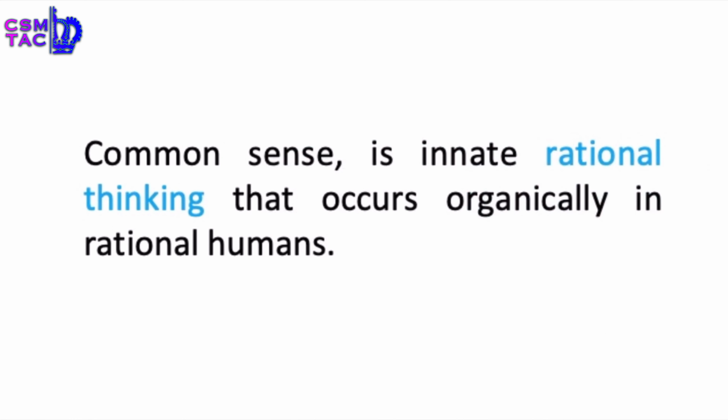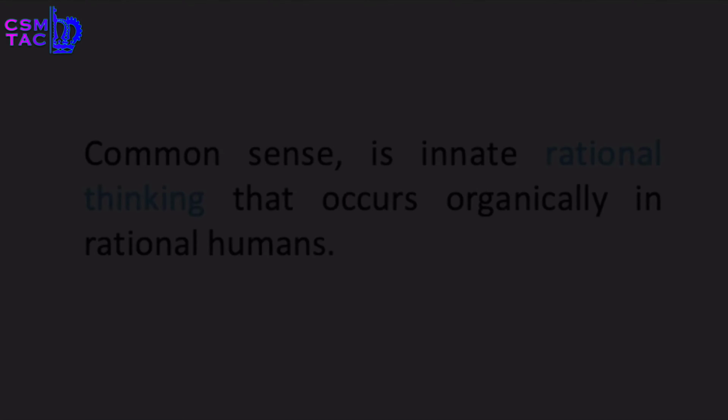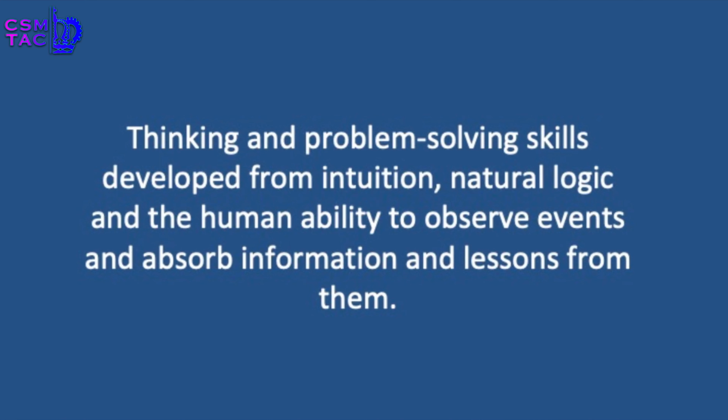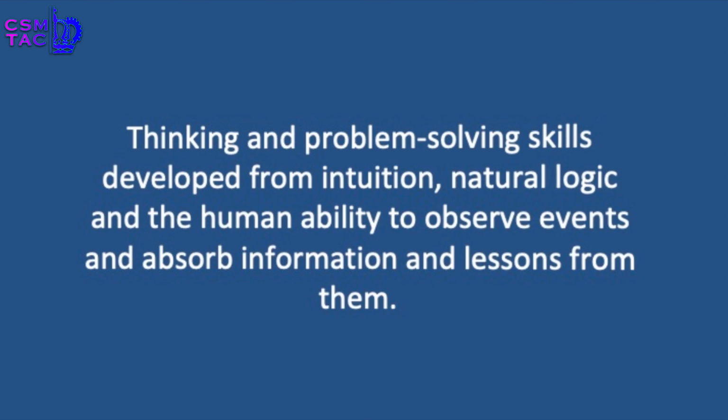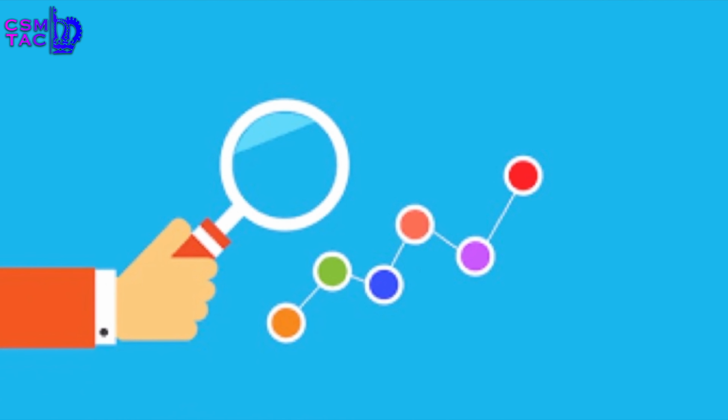Common sense is innate rational thinking that occurs organically in rational humans. Common sense involves thinking and problem-solving skills developed from intuition, natural logic, and the human ability to observe events and absorb information and lessons from them. These observations allow you to learn from experience and thus to hone and implement sound judgment.